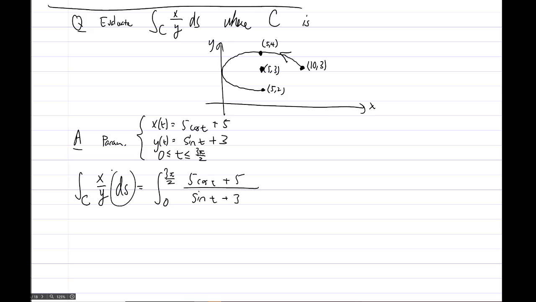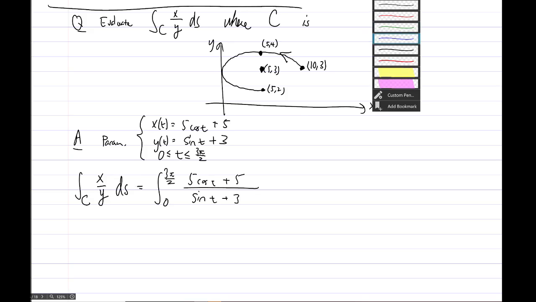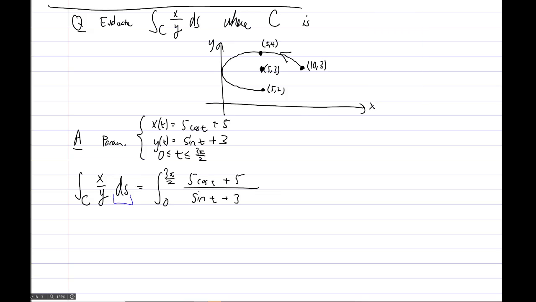Then ds, let's underline that, is going to get replaced with root, and then we need to work out x prime of t. So negative 5 sine of t, and then y prime of t is cosine of t. So we need here negative 5 sine of t squared plus cosine of t squared dt.